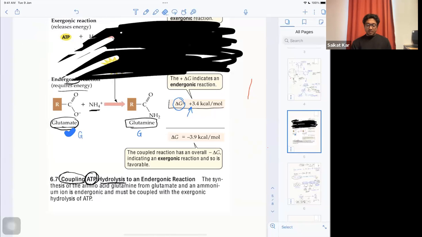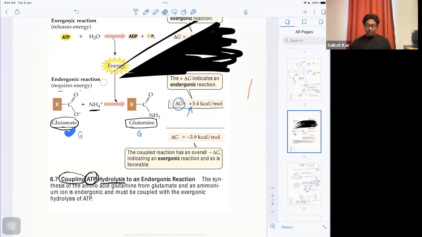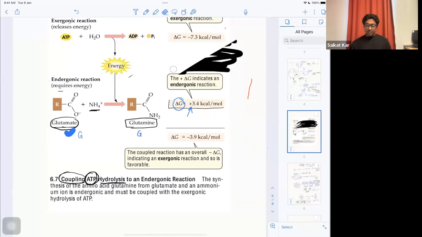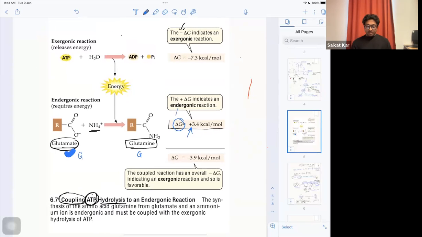Fine. So I think you have got the idea that there are two different types of reaction. One is exergonic, which is normal and which should happen according to thermodynamic laws. And another is endergonic, in which del G is increasing for the particular reaction. But if you see the combination of two reactions, in one reaction there is negative 7.3, and in another there is positive 3.4.